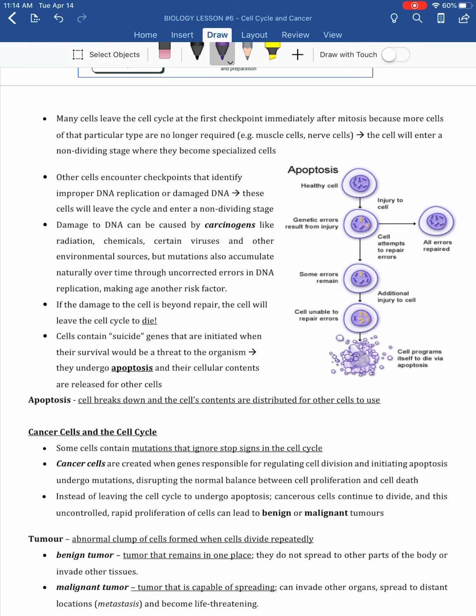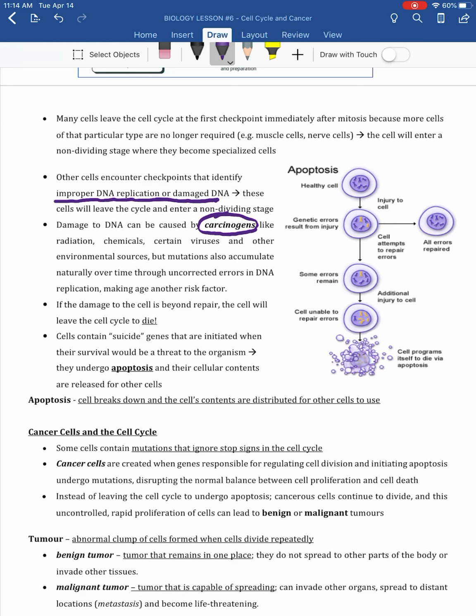Now, when we talk about the cell cycle checkpoints, a lot of things can affect those checkpoints. One of the main things is improper DNA replication or damaged DNA. And ways you can damage DNA are these things called carcinogens. This is an important word.